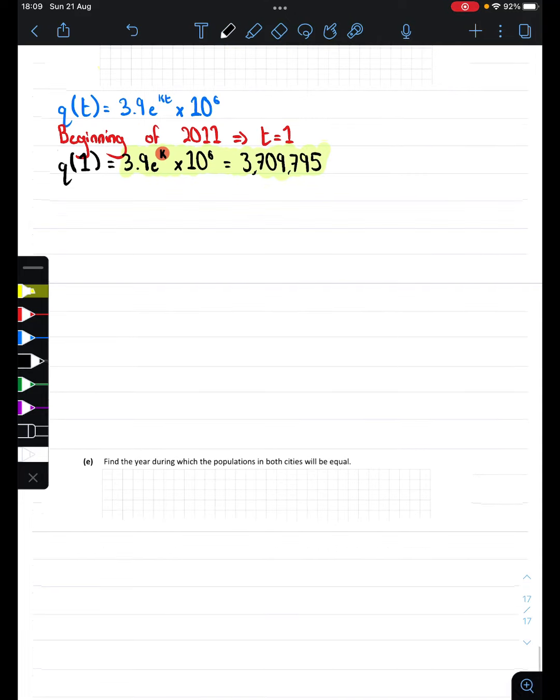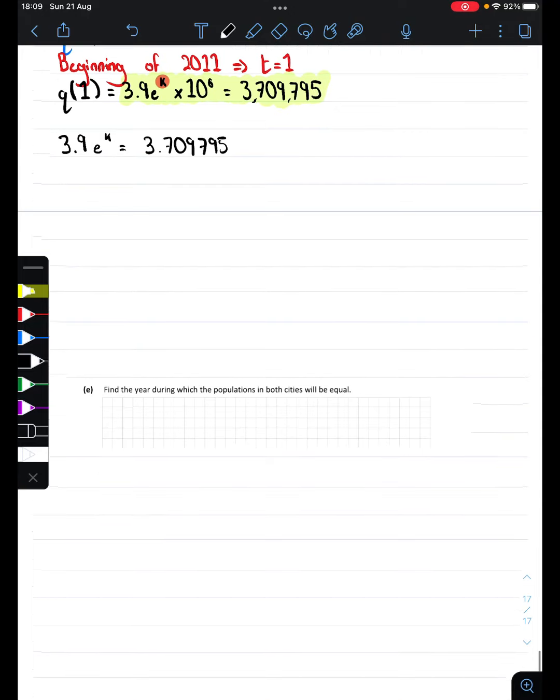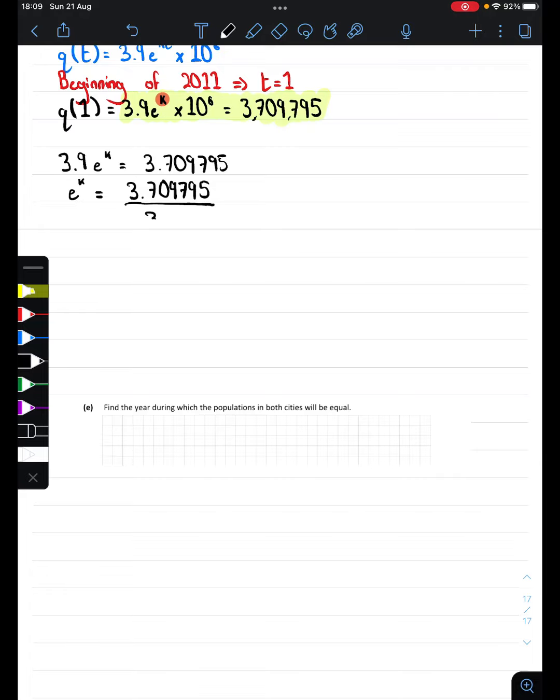If we divide by 10 to the power of 6, we'll get 3.9 e to the power of k equals 3.709795, because 10 to the power of 6 is a million. Then if we divide again by 3.9, we get e to the power of k equals 3.709795 over 3.9.